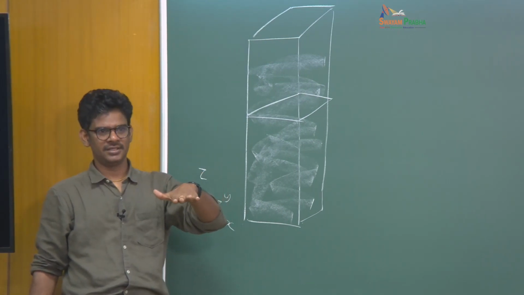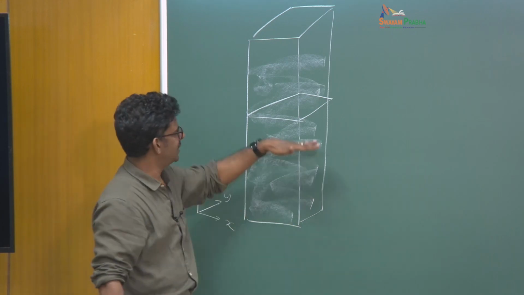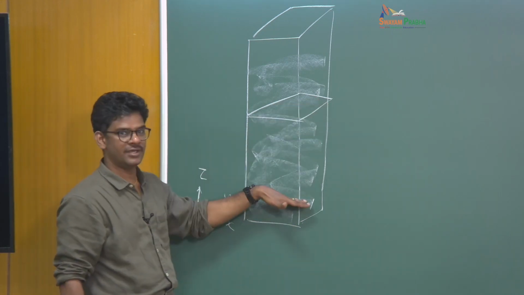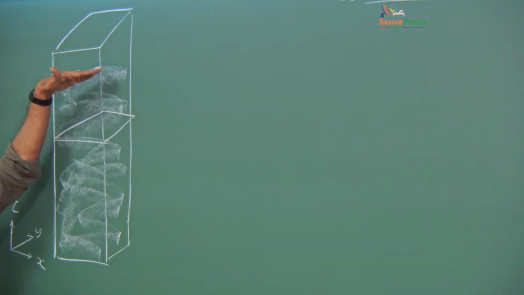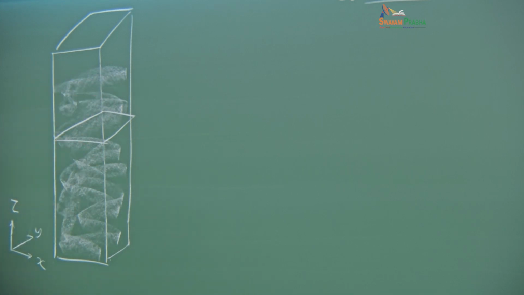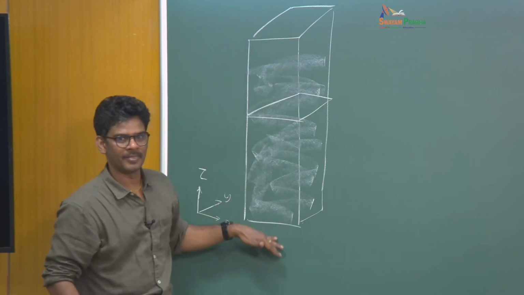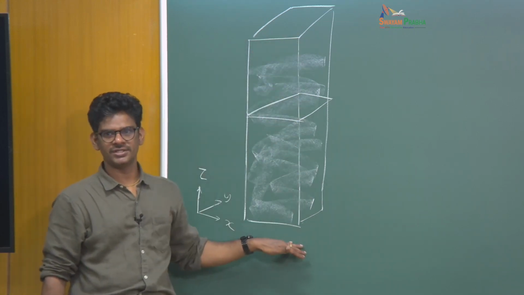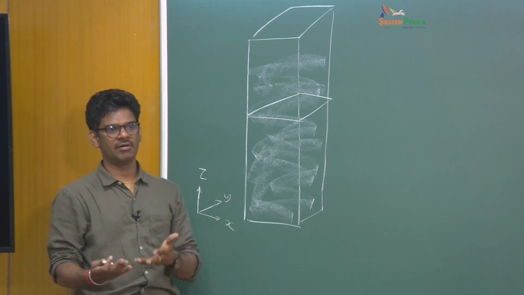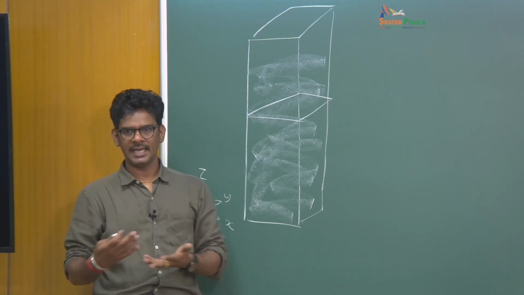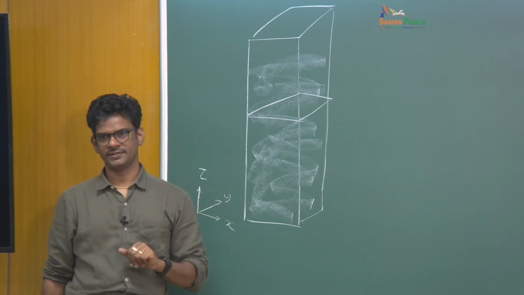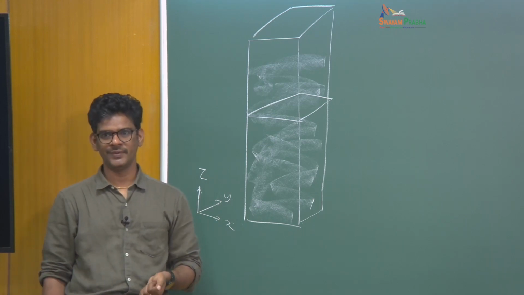So there the concentration is going to be uniform, whether I take the xy plane here or here or here. In that plane the concentration is going to be uniform. So there is no need to solve the problem in the xy plane, but across z you will see the concentration being affected because of the competing effects of diffusion and the gravitational force. That's what we wanted to investigate.